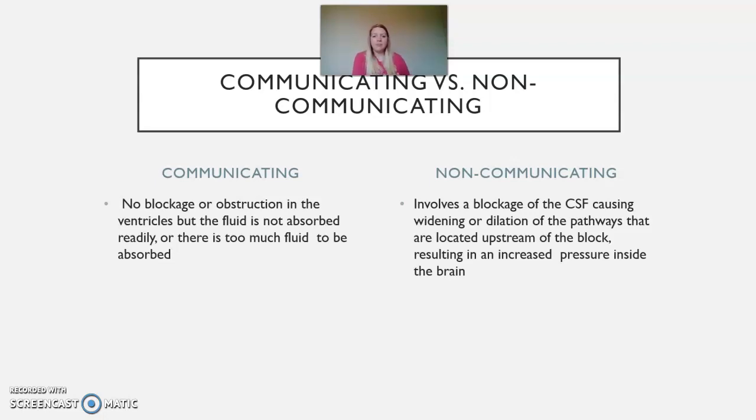Now, non-communicating, it does involve a blockage of the CSF, which causes the ventricles to dilate, and so that can definitely cause more increased pressure inside the brain as well.